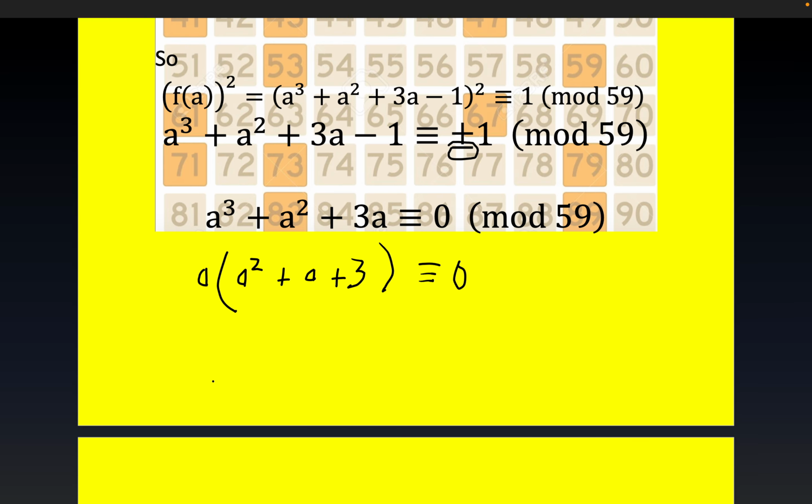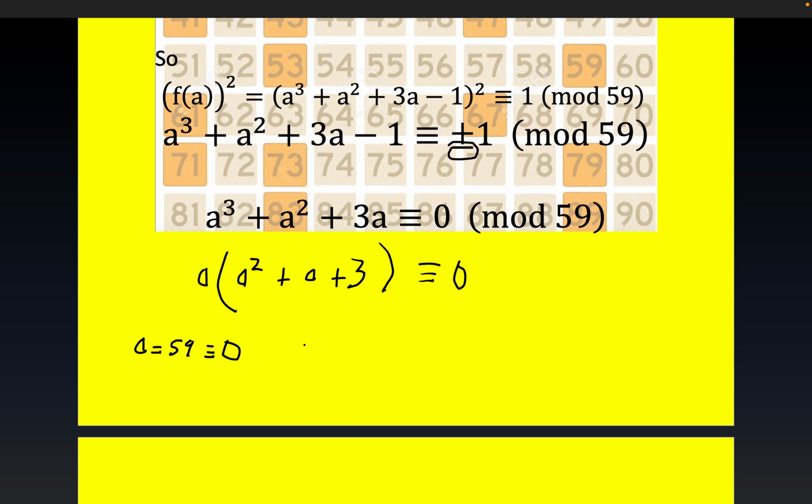This would mean that either a is equal to 59, but notice that if a is equal to 59, that makes it congruent to 0, and we're not interested in a 0 solution. Okay?